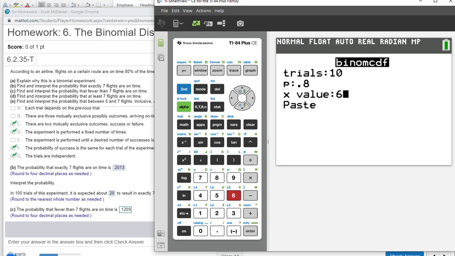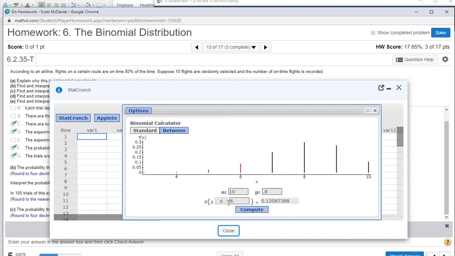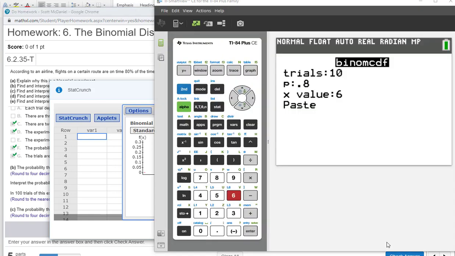I'm going to remind you, there's my less than or equal to 6. I'm shading the 6 all the way down, and if I change that to less than 7, I have exactly the same computation, because less than 7 doesn't include the 7. That's why I say less than or equal to 6. It's one of the trickier things we'll do on the calculator with the binom. I wish it were easier.